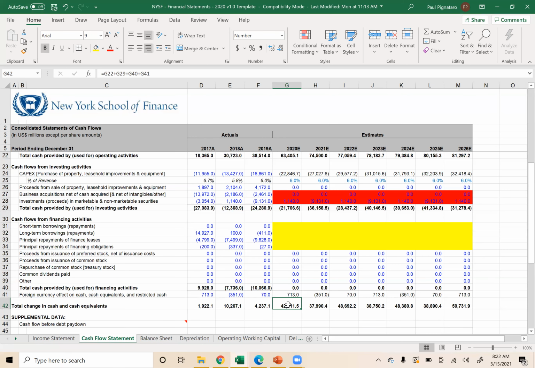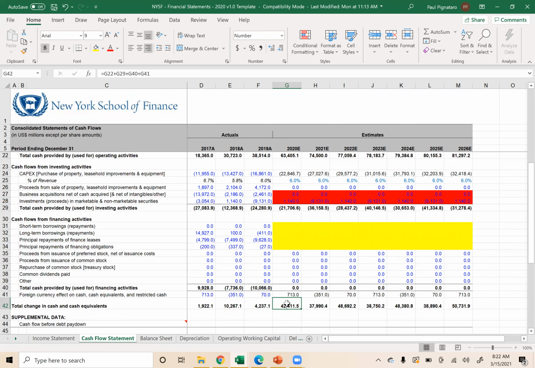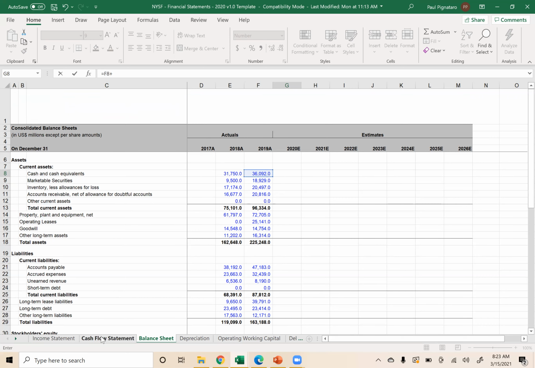Quite literally, if Amazon at the end of 2020 has generated $42 billion, then that will increase your cash balance by $42 billion, 36 billion plus 42. Very simply. So we had $36 billion. They made 42 billion more. So they're going to have 36 plus 42. So my 2020 balance sheet is going to be equal to my 2019 plus all the money I made in 2020.